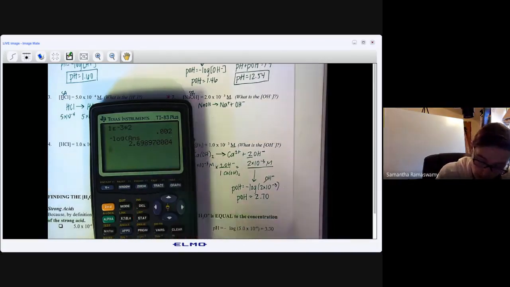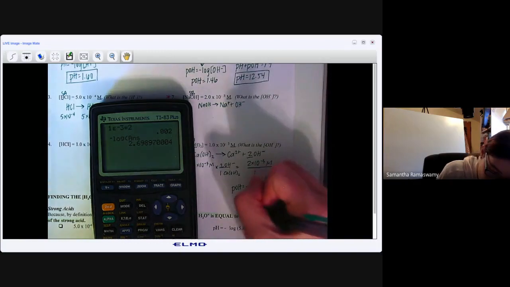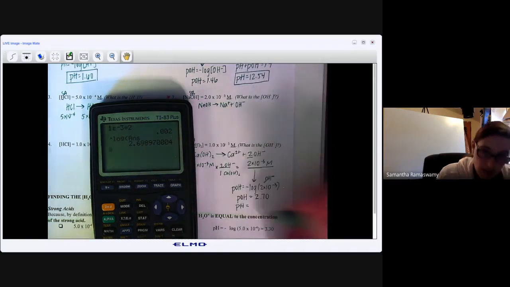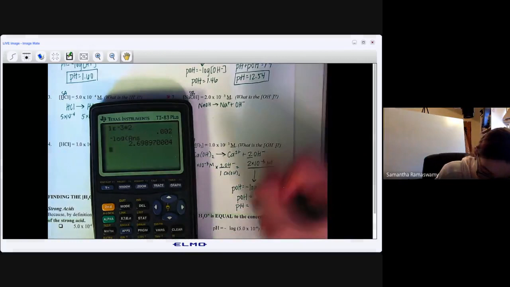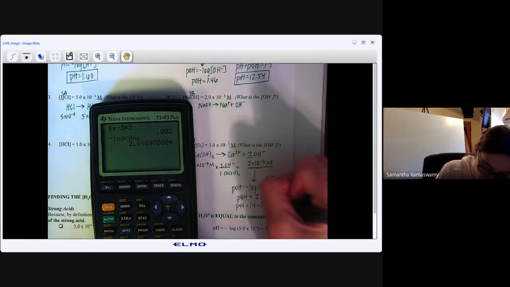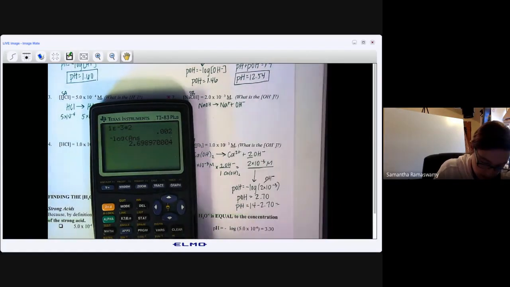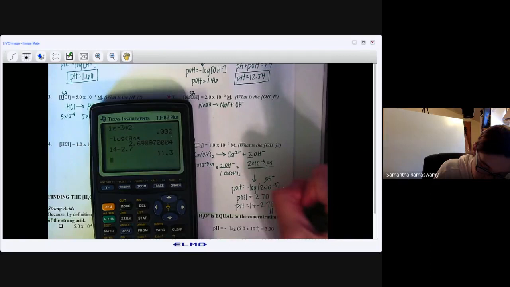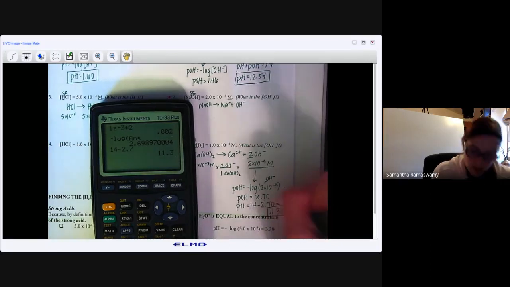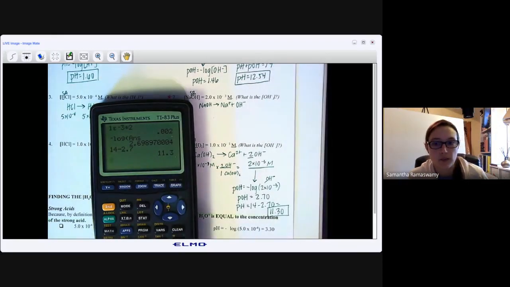Here's pOH. The goal is to find pH. So 14 minus 2.70, 14 minus 2.7, is 11.30. There's our pH, 11.30.